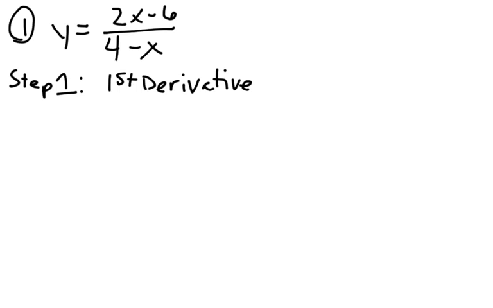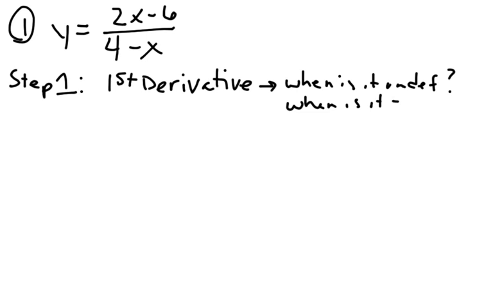We will look at the first derivative and when is it undefined, if ever, and when is it equal to 0, if ever. Those are going to give us our critical values. So basically find the first derivative and the critical values for the function.